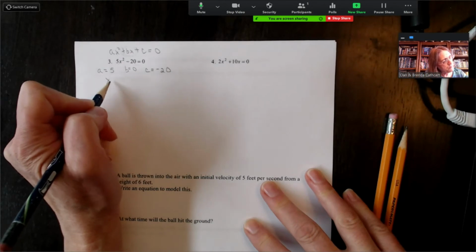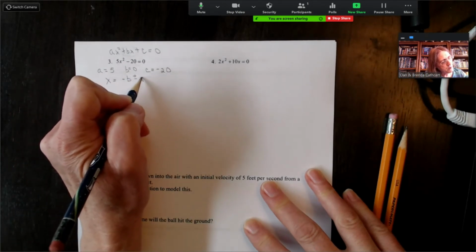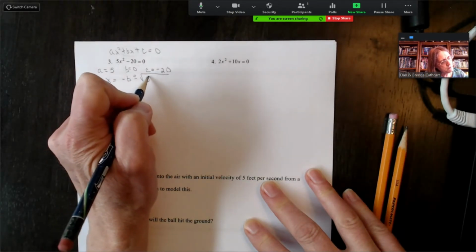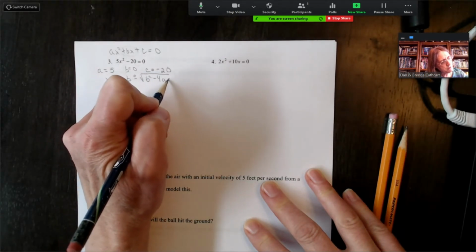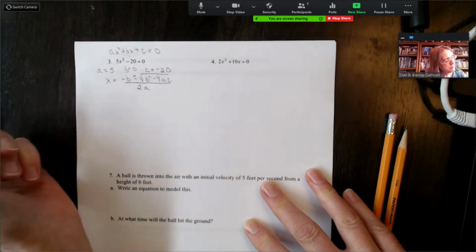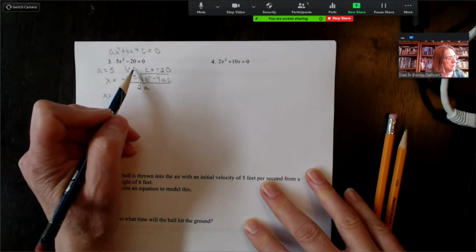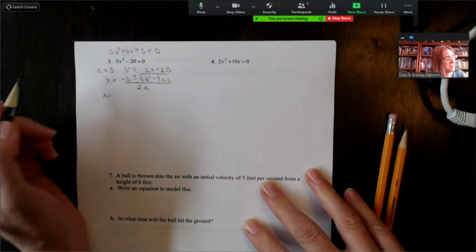Remember, our quadratic formula is x equals the opposite of b plus or minus the square root of b squared minus 4 times a times c, all divided by 2 times a. So let's put those numbers into our equation. The opposite of 0 is still 0.